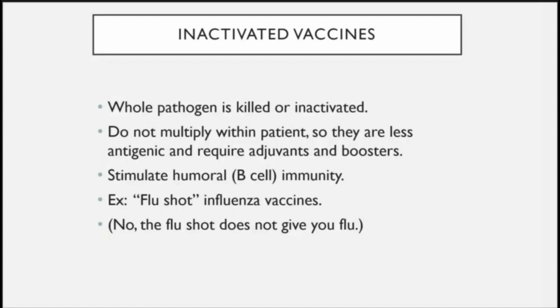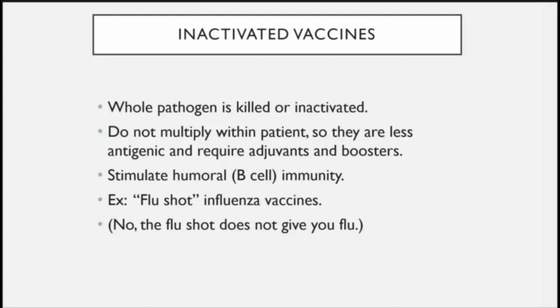Next, we have inactivated vaccines, in which the whole pathogen is killed or inactivated. They cannot multiply within a patient, so they are less antigenic and require adjuvants and boosters to help elicit a stronger immune response. They only stimulate the humoral or B cell immunity because cells cannot be infected.